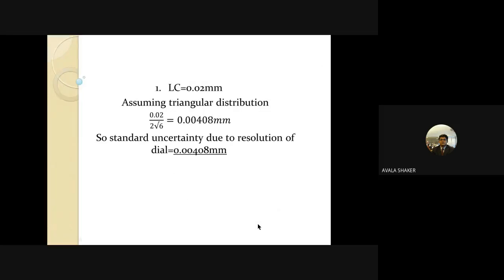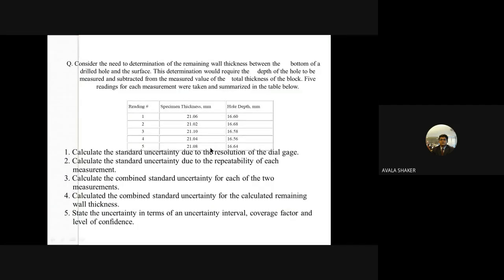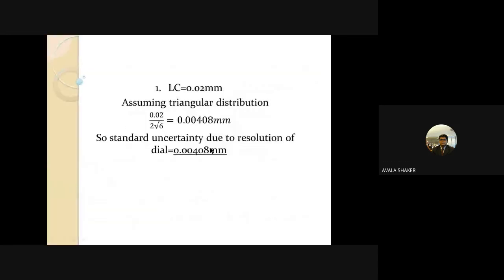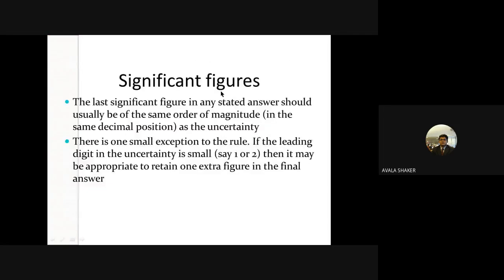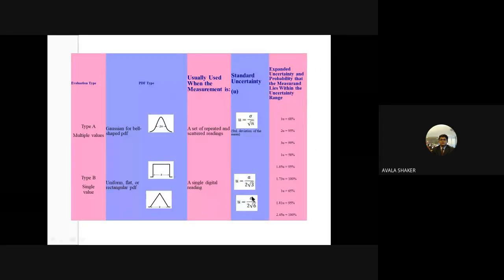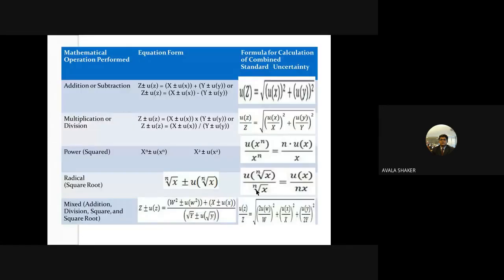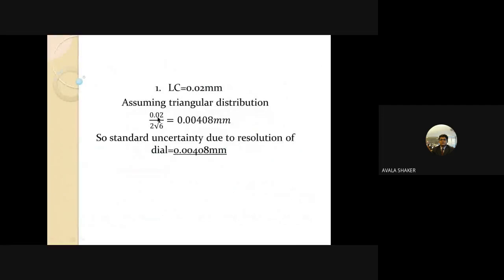So let me just go to this. Now, if you look at this reading, how much is the least count? That is 0.2 mm. Here I am using a triangular distribution for this. For a single reading, A, that is my range, divided by 2 root 6, gives me the standard uncertainty due to the resolution of the dial.